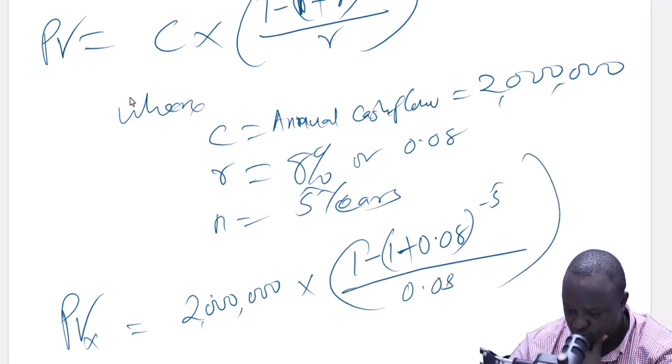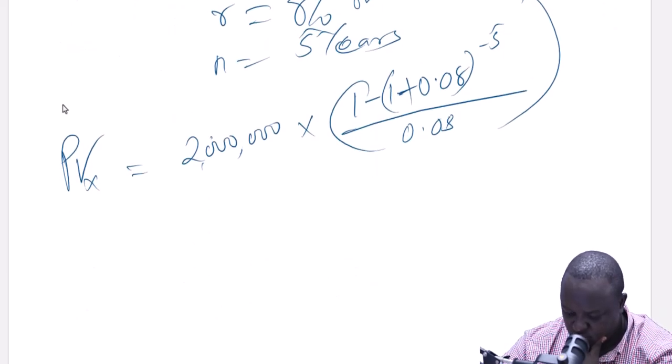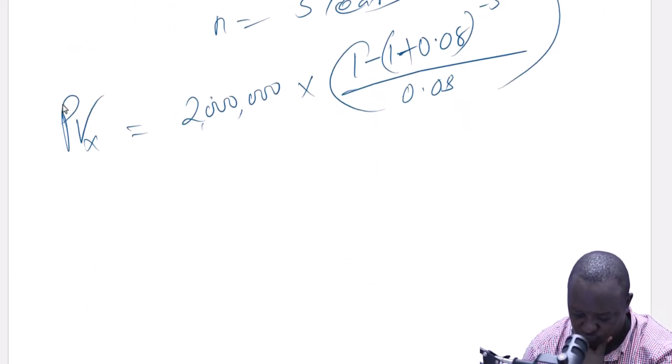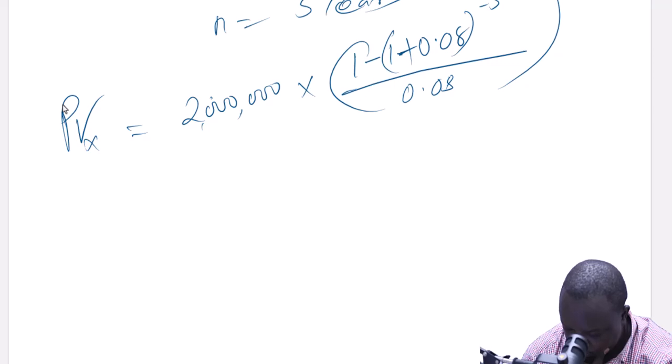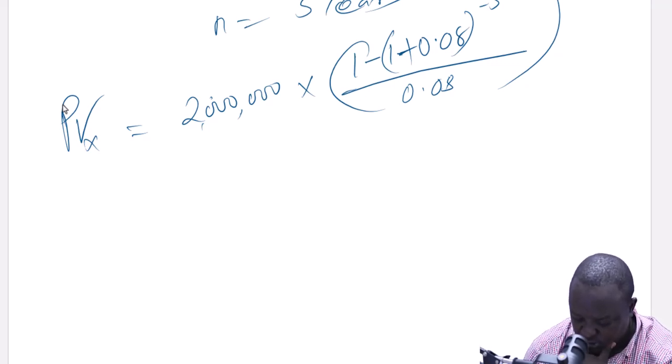So you divide by that. So we have 1 plus 0.08 raised to the power of minus 5, you will get 0.68.